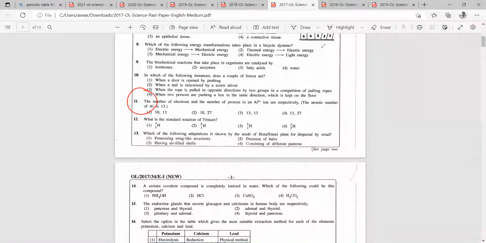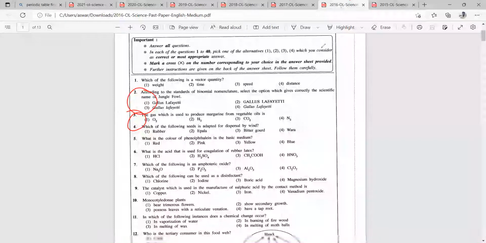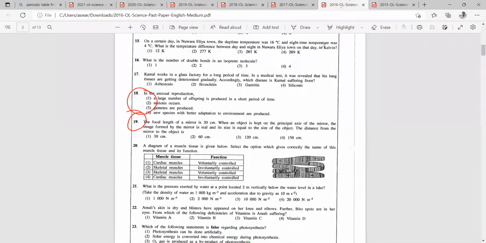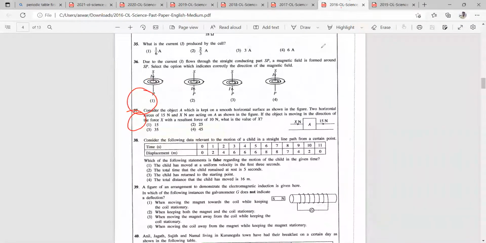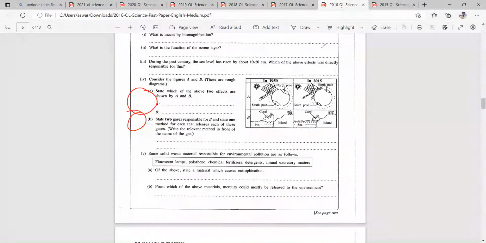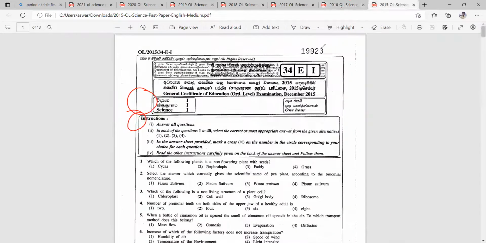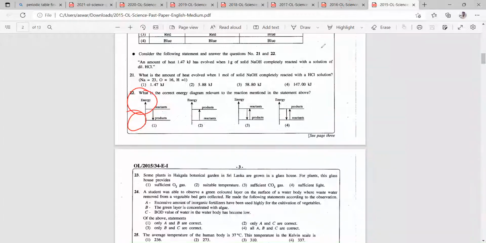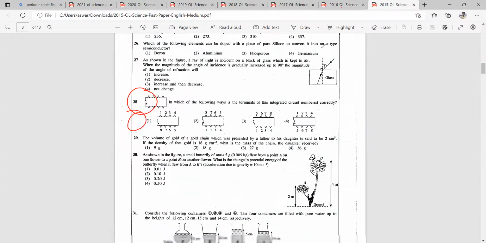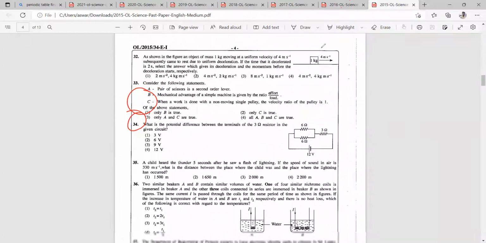Then 2016. 2016, we shall look for that. Right. Okay. 2017, there's no other one. And 2015. Right. 2015 also, there are no questions.